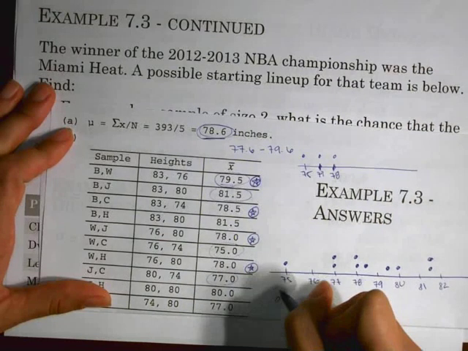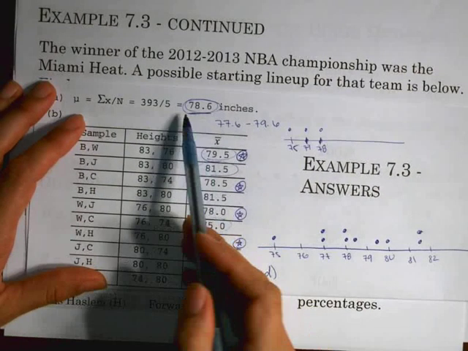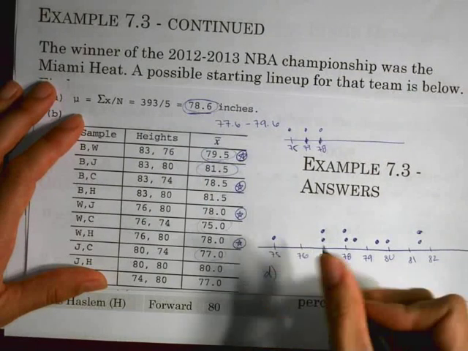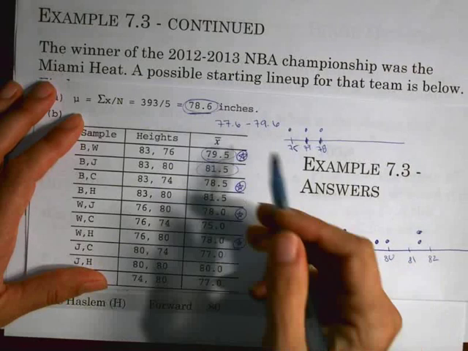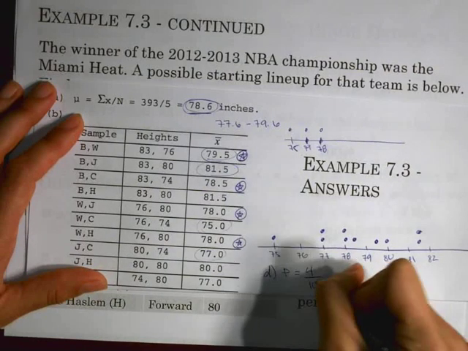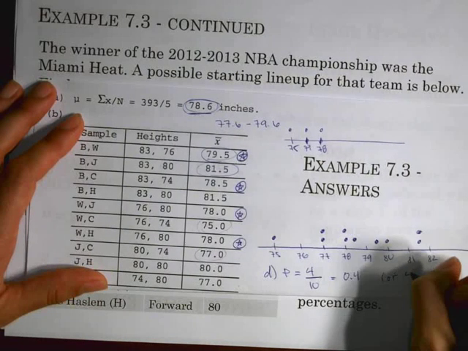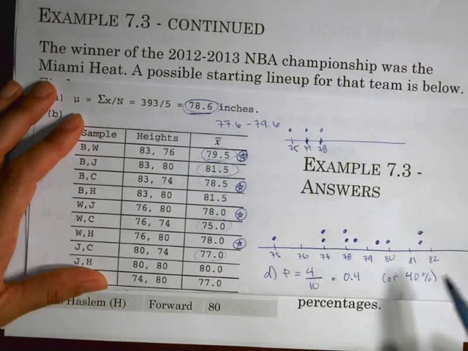And I have 1, 2, 3, 4, 5, 6, 7, 8, 9, 10. So the chance that I randomly picked a sample of 2 within 1 inch of the population mean is 4 possibilities, 4 of the stars divided by 10, which is 0.4 or 40%.